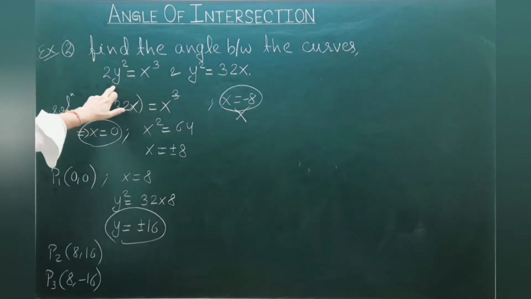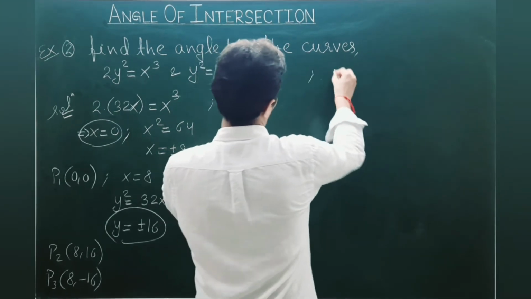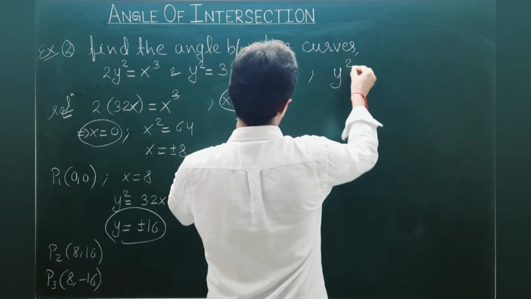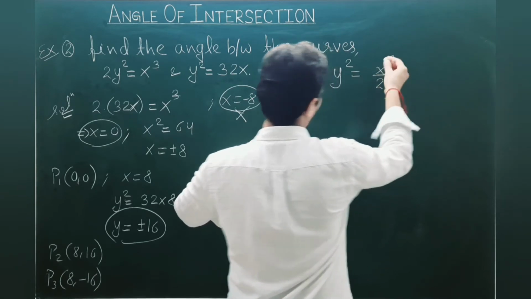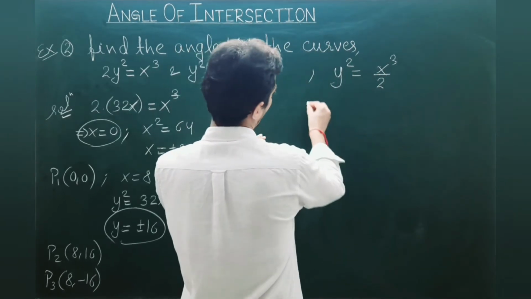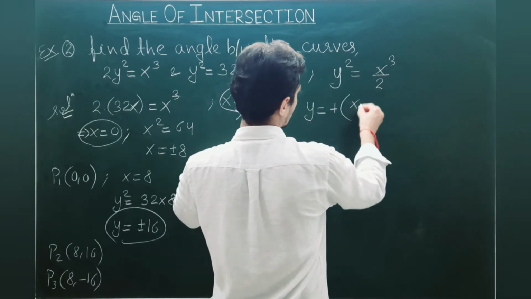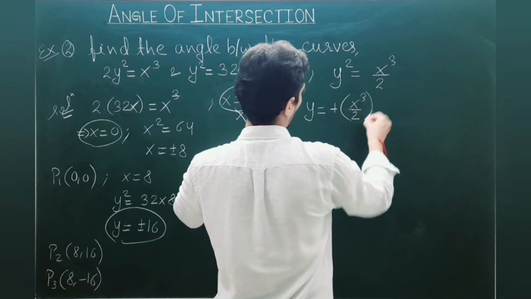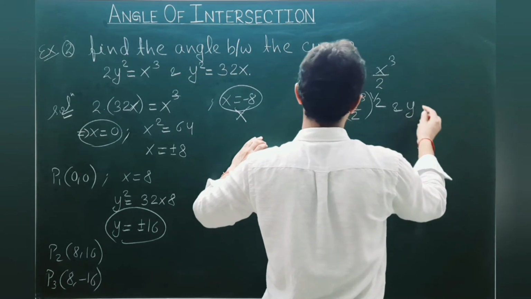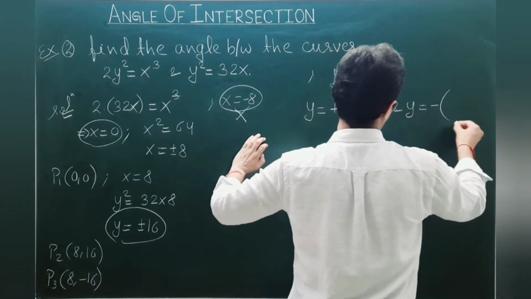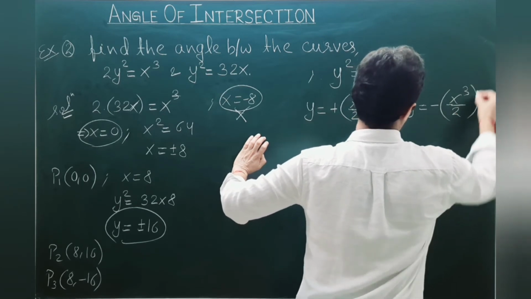So here I have 2y square equals x cube. Try to understand it algebraically. y square equals x cube upon 2. If I take the square root, you are going to get two values, that is y equals plus (x cube upon 2) to the power 1 by 2, and another one y equals minus (x cube upon 2) to the power 1 by 2.